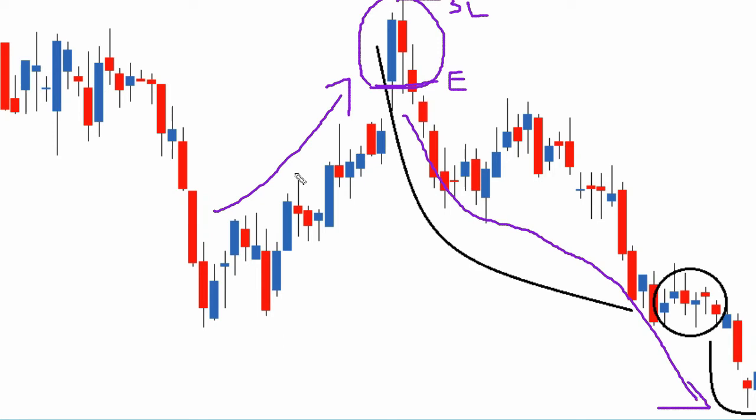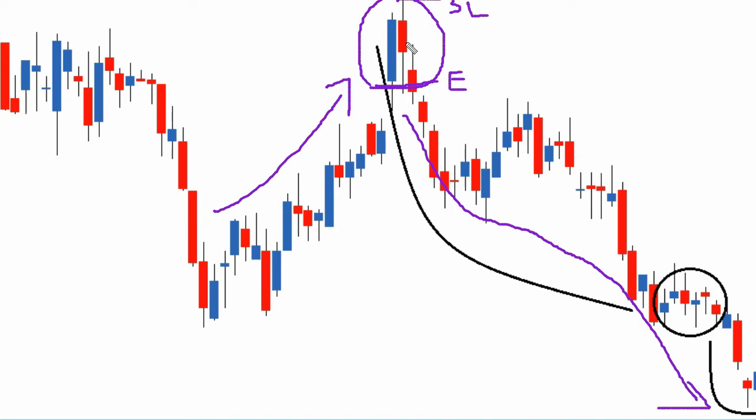Now we will talk about the trading psychology of the spinning top. As you can see, in the uptrend, the buyers are trying to push the market up and clearly dominating the sellers, but at this point the sellers take entry and try to push the price down, but buyers are also trying to push the price up.